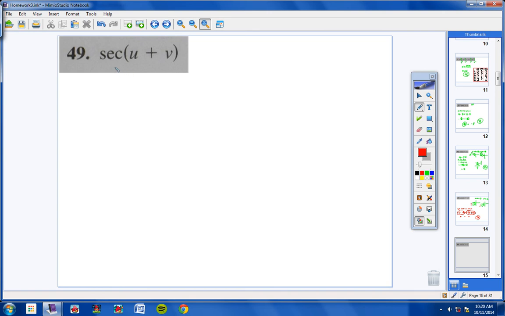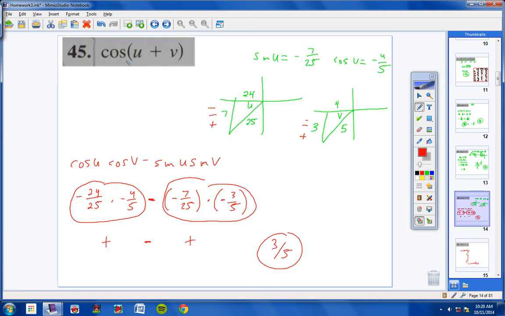Secant of u plus v is the same thing as the reciprocal of the cosine of u plus v. Work the entire thing out, do all your work, get your answer, and then when you're all done, just flip it. Well, look what we just did. We just did cosine of u plus v.